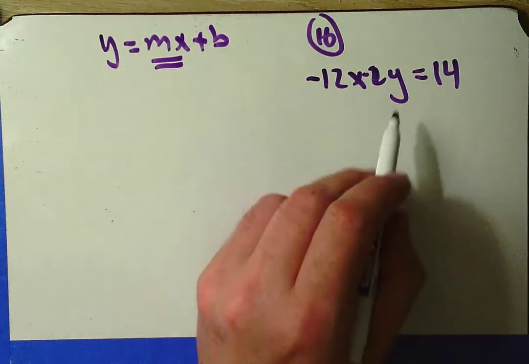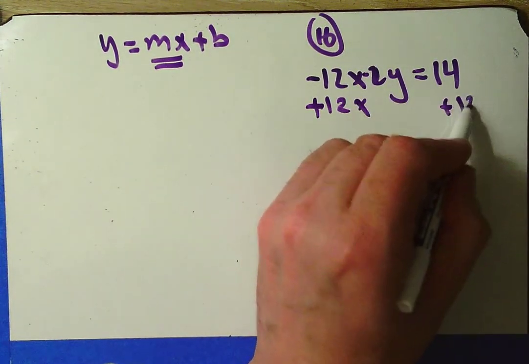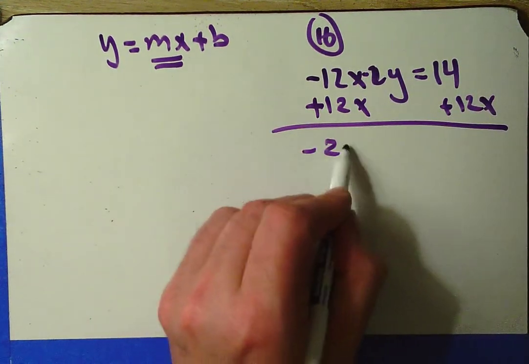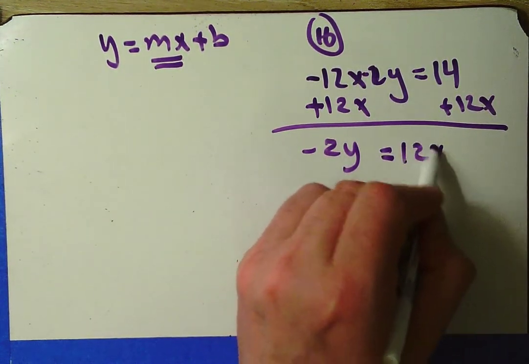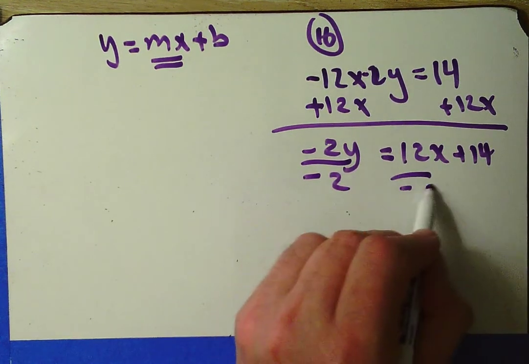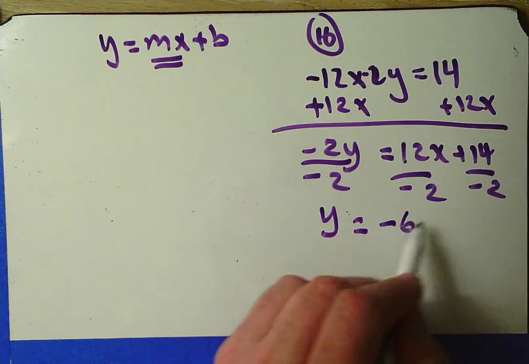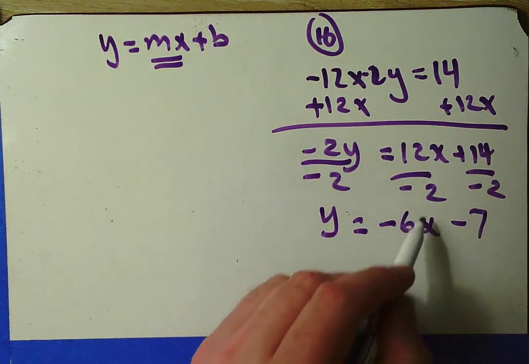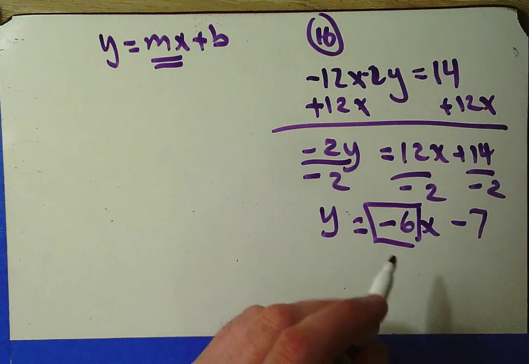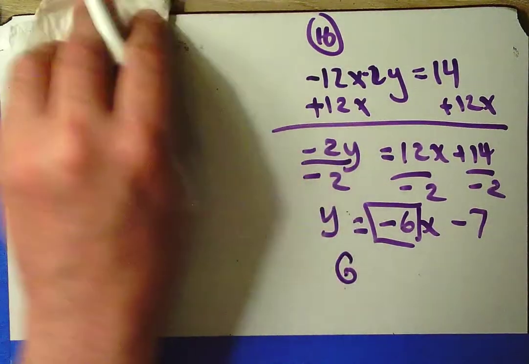So I'm going to get this in y equals form by adding 12x to both sides and getting negative 2y equals 12x plus 14, and then dividing everything by negative 2. I'm going to have y equals negative 6x minus 7, and I can see that the slope of this line would be negative 6, which corresponds to choice G.